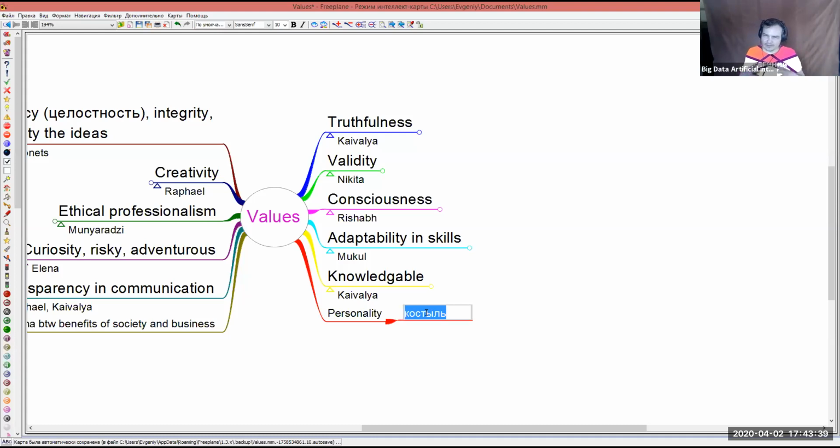So by inventing new artificial intelligence technology, we need to keep in mind that people tend to lose some skills, to lose knowledge. That's why we also need to take care of it.